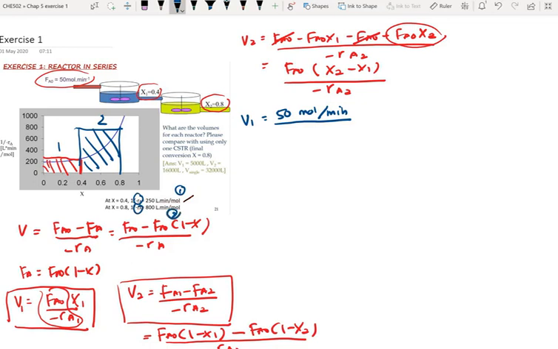Since it's given as 1 over negative RA, you can just multiply it by x.